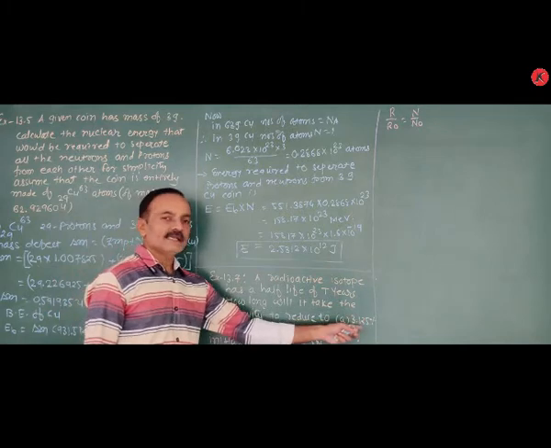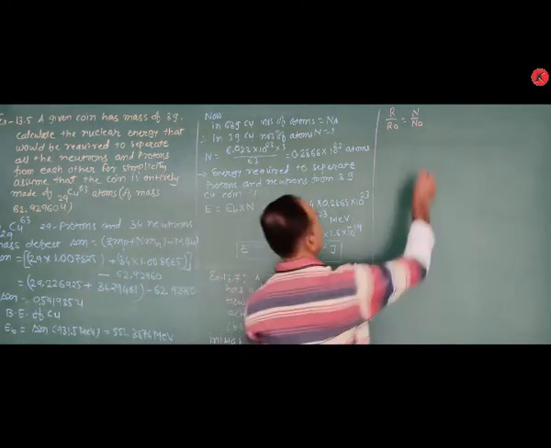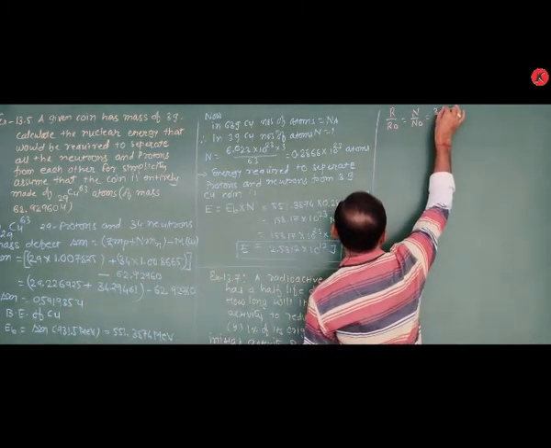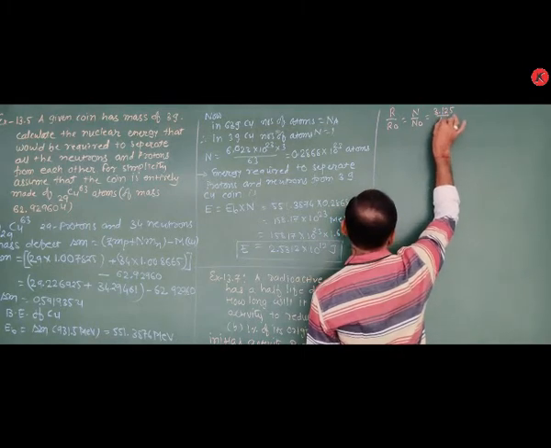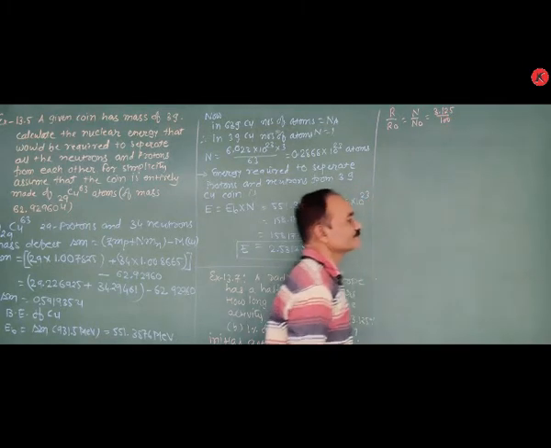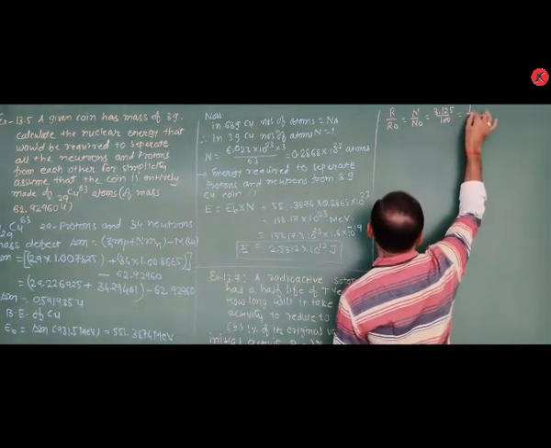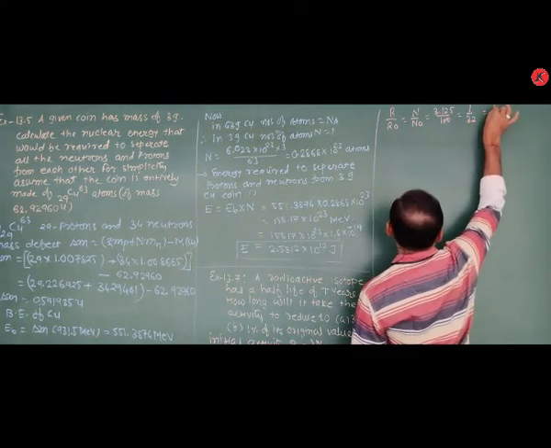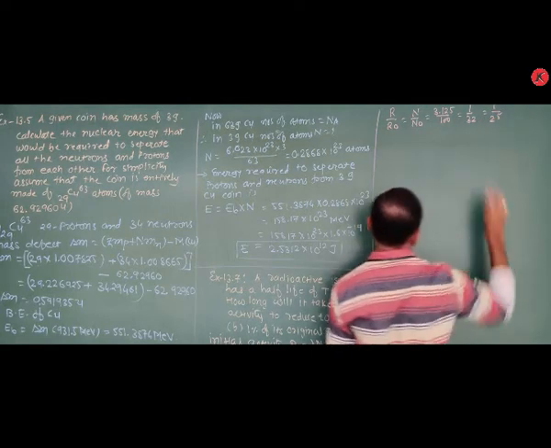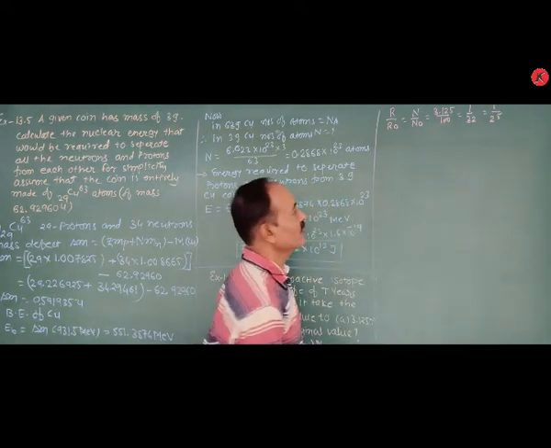Here, the final is given as 3.125%. 3.125% divided by 100, therefore 1 upon 32, is equal to 1 upon 2 to the power 5.